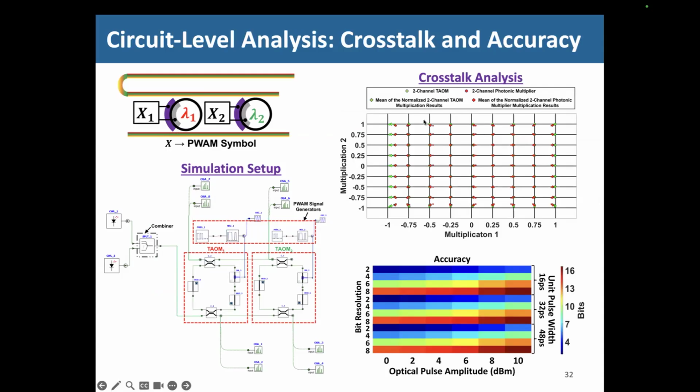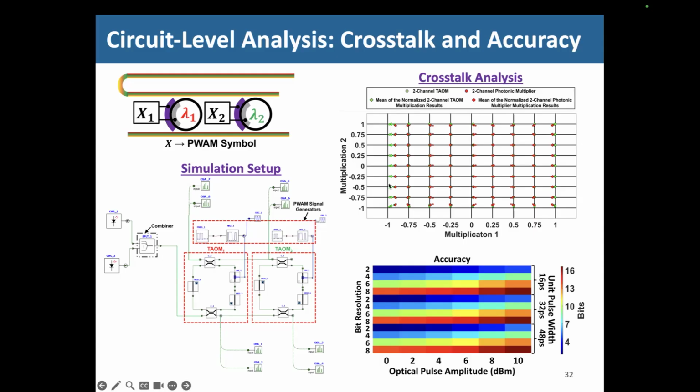If you look at the crosstalk over here, the green dots are this sort of arrangement, and the red dots are the arrangement where you have a separate modulator microring and a weighting microring. In that case, you will end up having 4 microrings over here. So the crosstalk and other power penalty is reduced.